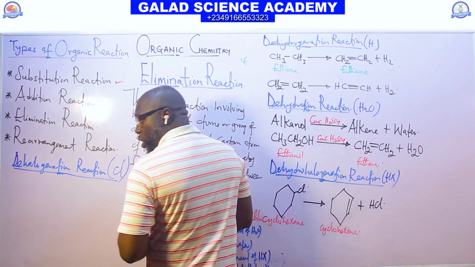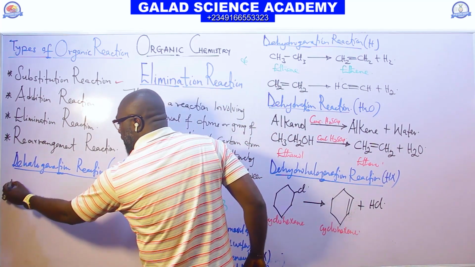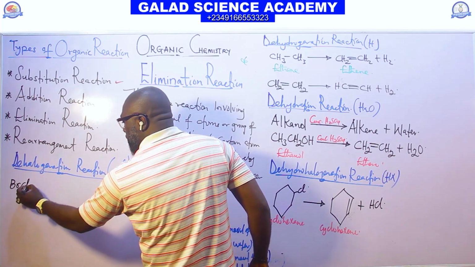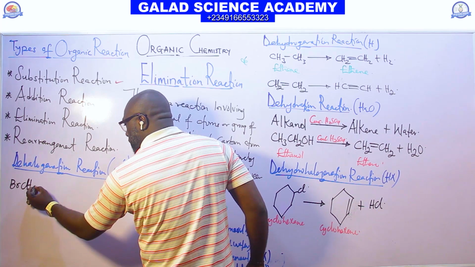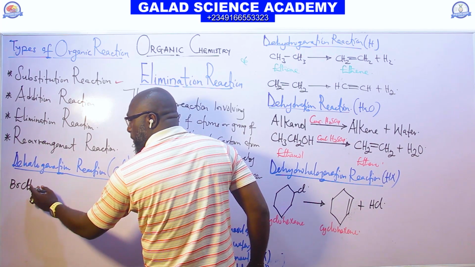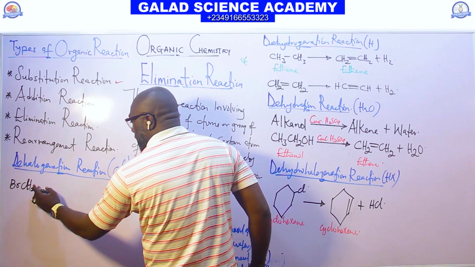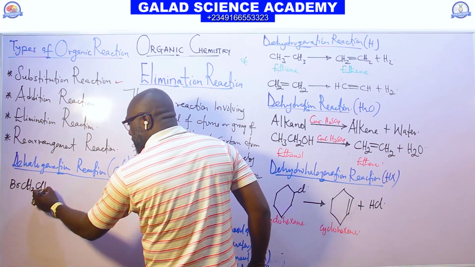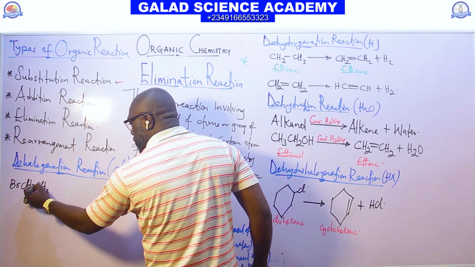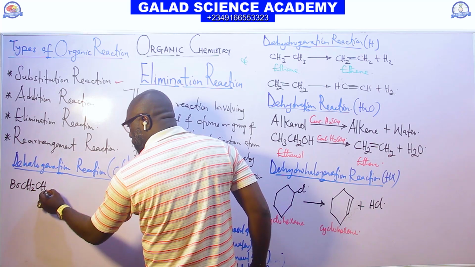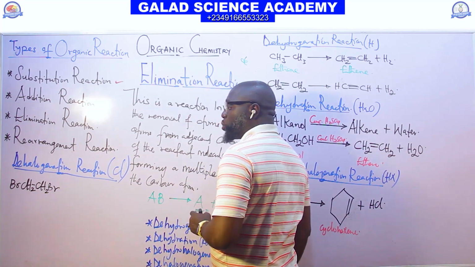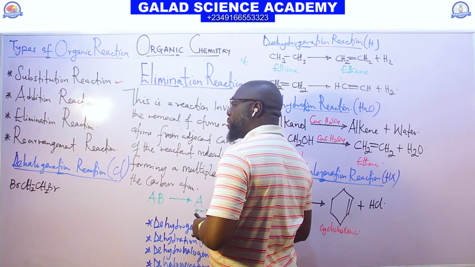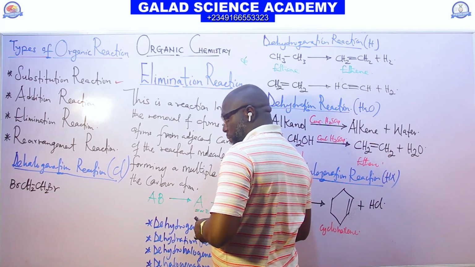In this reaction we have BrCH2CH2Br, that's 1,2-dibromoethane.